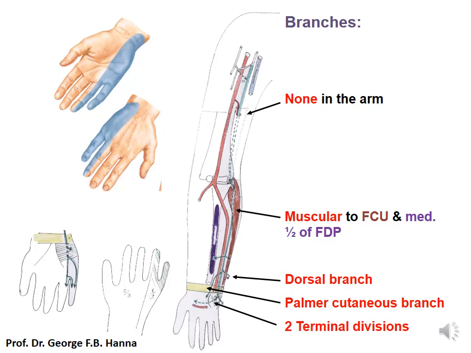Now, what about the 2 terminal branches, superficial and deep? They will supply the remaining 15 muscles out of 20 muscles of the hand.